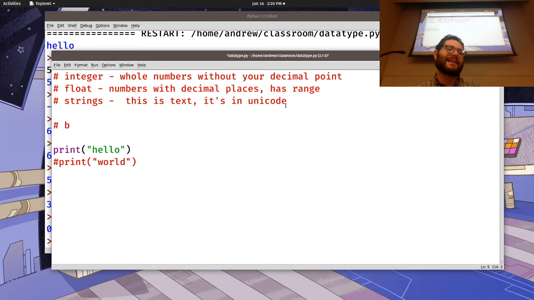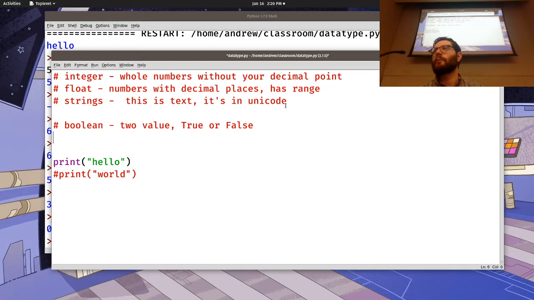Things we'll be getting into later but exist just for completeness' sake. Boolean, which is 2 values, either true or false, which is very useful. This is for what we'll call Boolean expressions. Lists, which are exactly what they sound like.